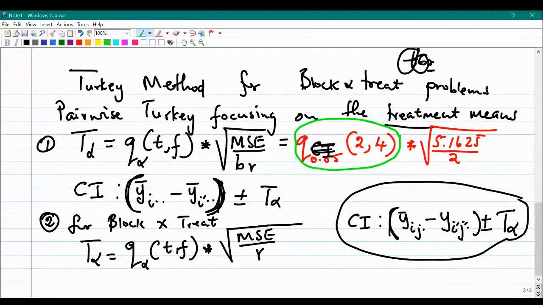R is 2. Yes, we divide by the number of replications, which is 2, based on this one. Sorry for that, I missed your point. Thank you very much for that.